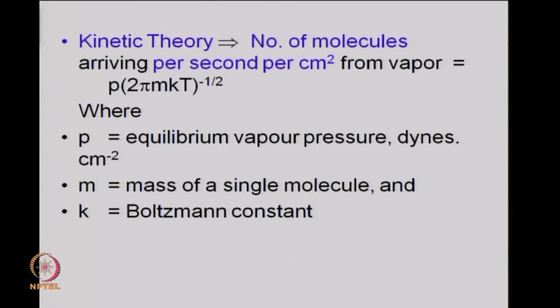And as you know, this is a very high strike rate. The number of molecules impinging on the surface per area per time as per kinetic theory is very large actually. However, not all of these impinging molecules will be able to make their way into the liquid. Many of them will be reflected back.